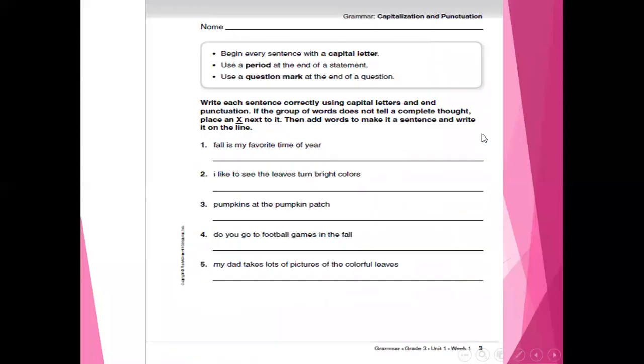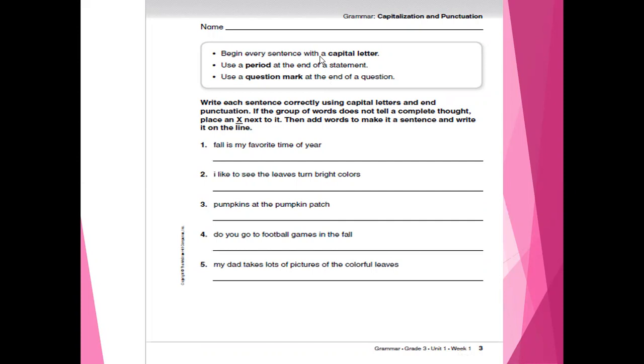Now, turn your page. The last page, page number 4 and 5 are homework. So, capitalization and punctuation. Begin every sentence with a capital letter. Use a period at the end of the statement. Use a question mark at the end of a question.